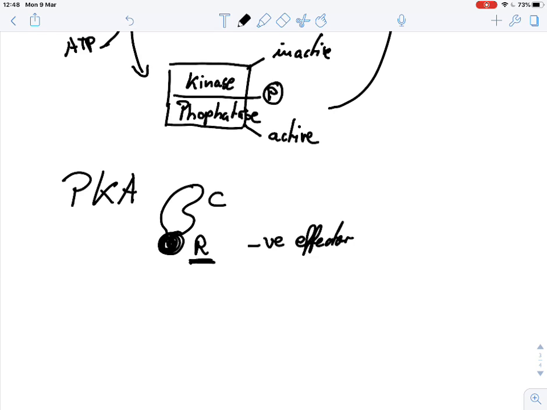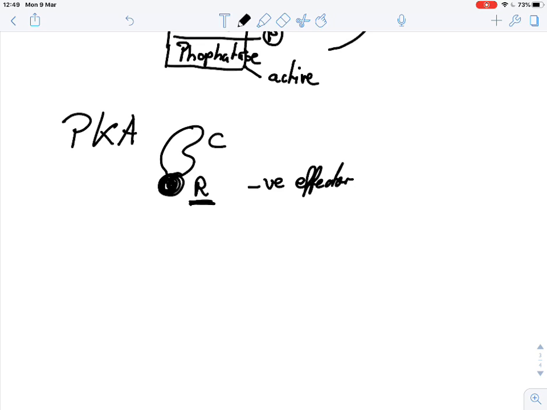However, under conditions where the body needs to switch from using glucose to storing glucose, we send out a signal, a hormone. We send out the hunger hormone, which I can feel now. This hormone is called glucagon. It's produced in the alpha islet cells of the pancreas. It binds to the cell membrane.